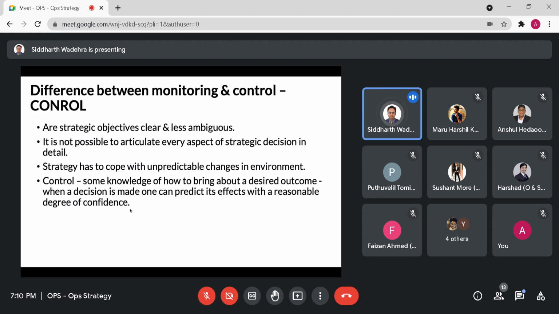Control usually is where it's possible that you're not able to articulate every aspect of the strategic direction.